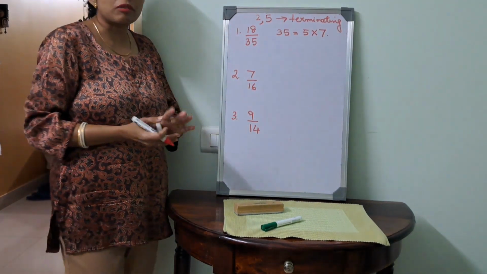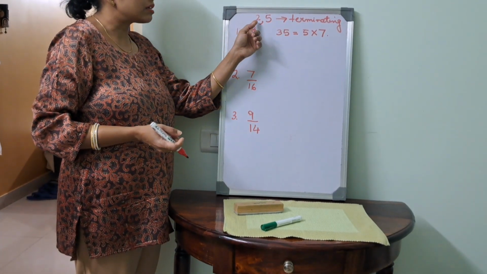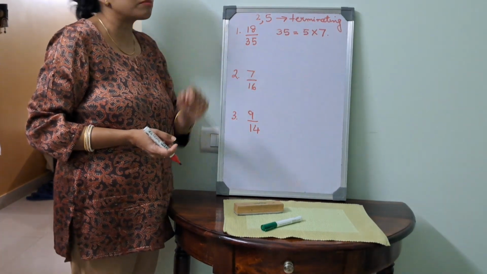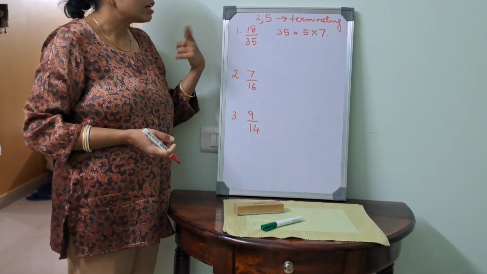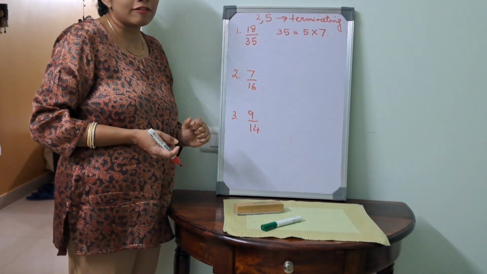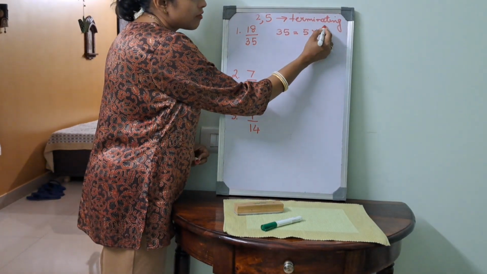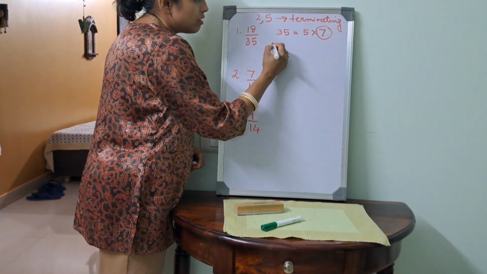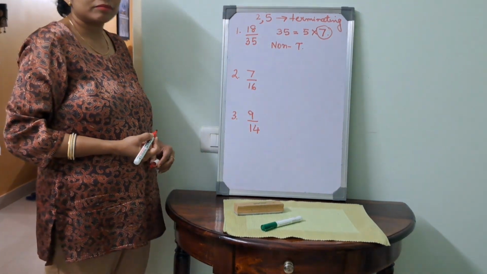So rational numbers whose denominator has only 2 and 5 as factors are terminating decimals. But if they have any prime number as a factor apart from 2 and 5, they are non-terminating decimals. So here 35 has a factor 7, which is a prime number, so it is a non-terminating decimal.